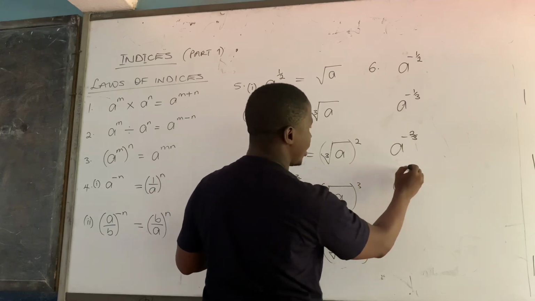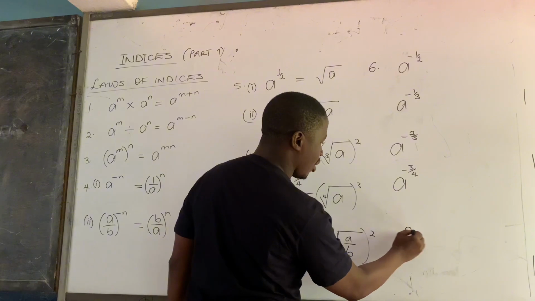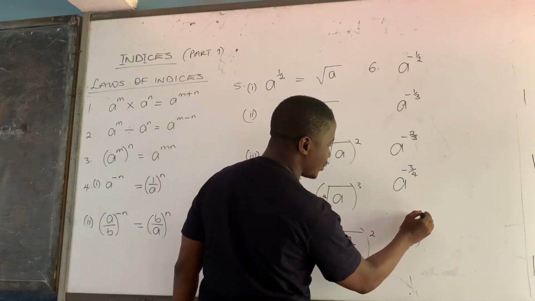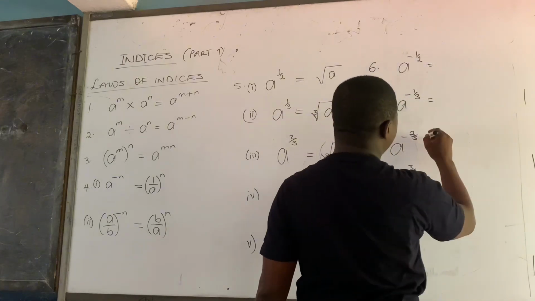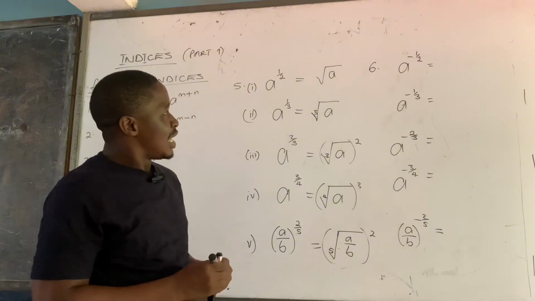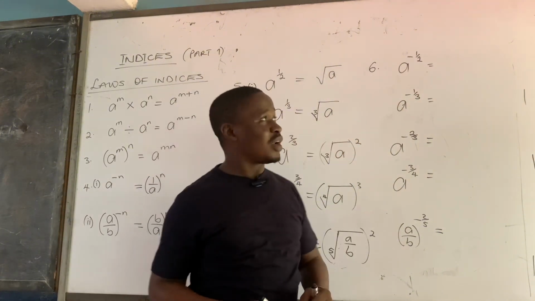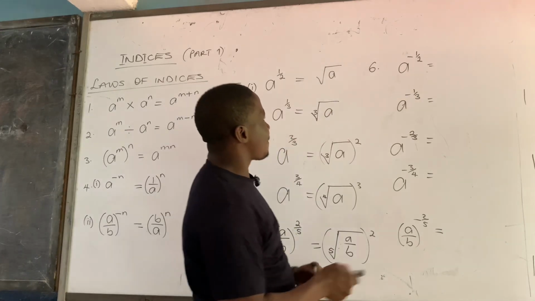A to the power of minus 3/4. A divided by b, to the negative 2/5. All right, so this is what we have. Now, negative fractional power law, negative fractional index law.